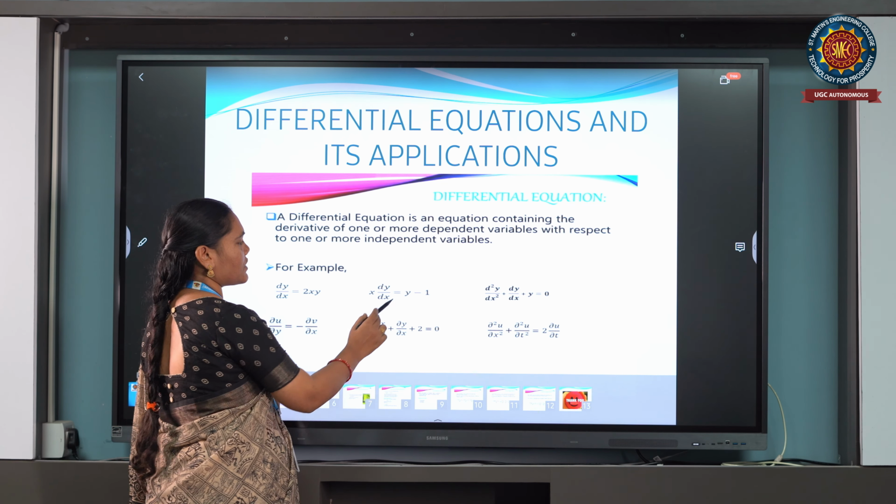Then we get integration dy by 1 minus y is equal to integration minus dx by 1 minus x plus c. Here it can be written as 1 by 1 minus y into dy is equal to minus, outside of the integration, integration 1 by 1 minus x dx plus c.